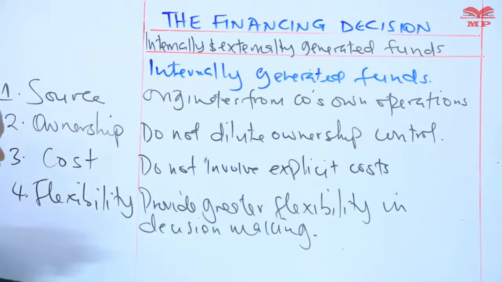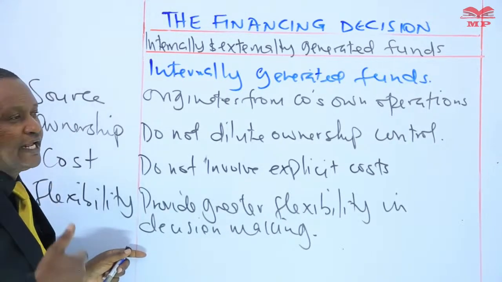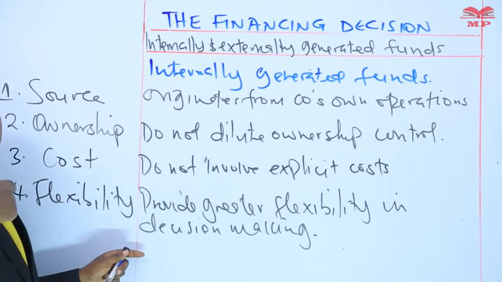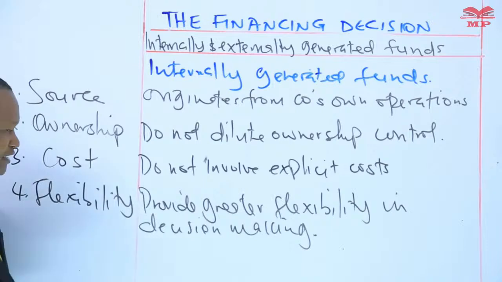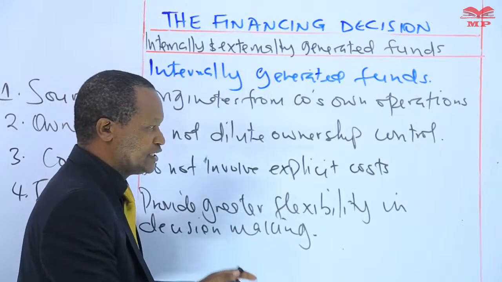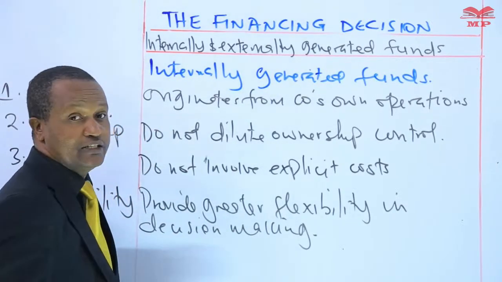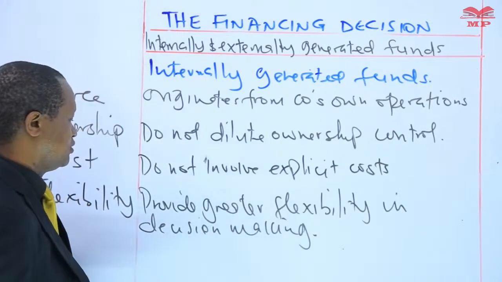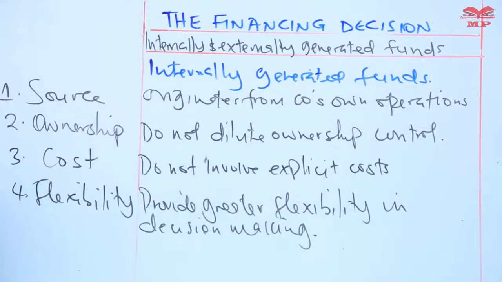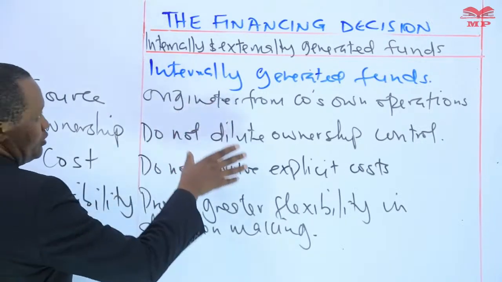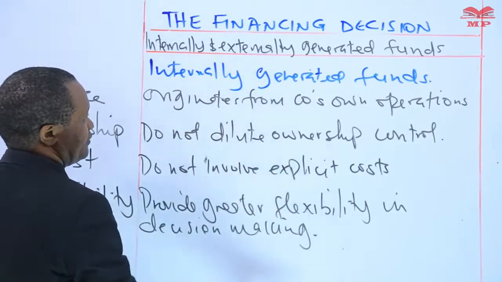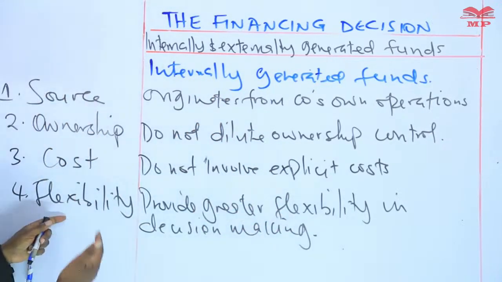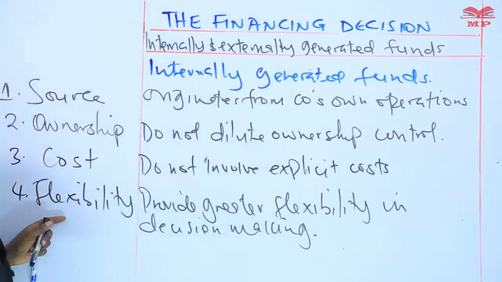Why? Because the company is not bound by external debt covenants or the expectations of external investors. If the company wants to use retained earnings, it does not need approval from external providers. So it's more flexible. These sources are generally flexible compared to external sources.